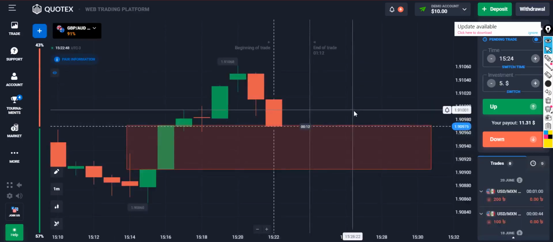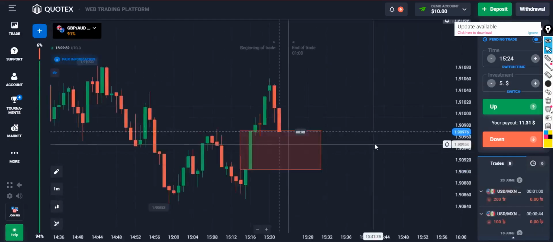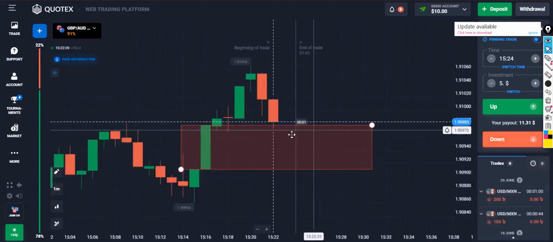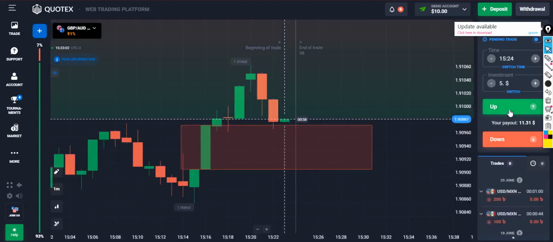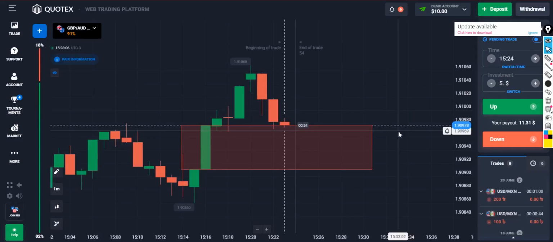Okay. So let's see the trend, and the trend is upward. So we'll wait for a confirmation candle, and then we'll take the trade.